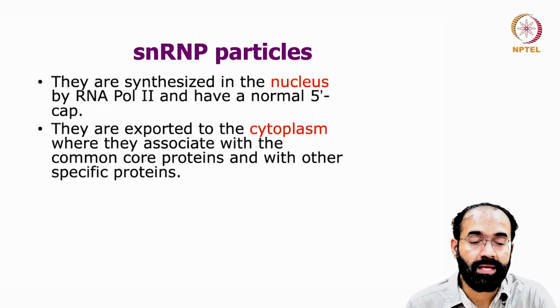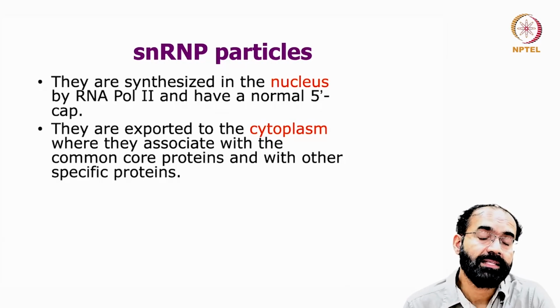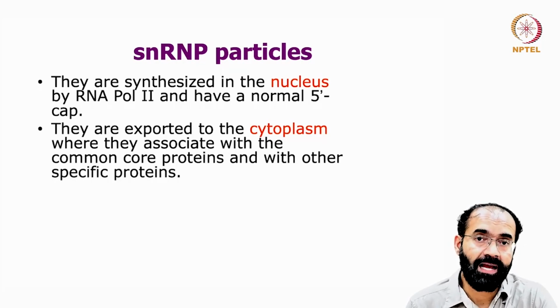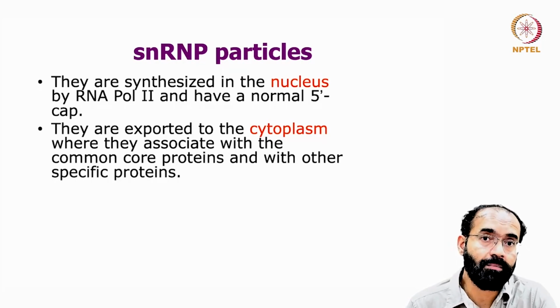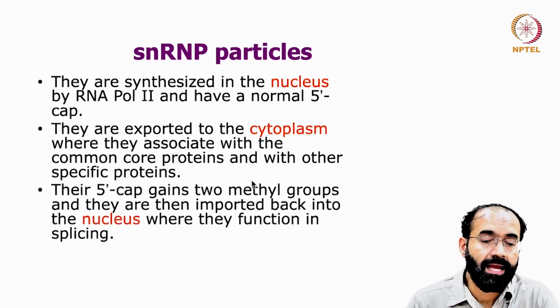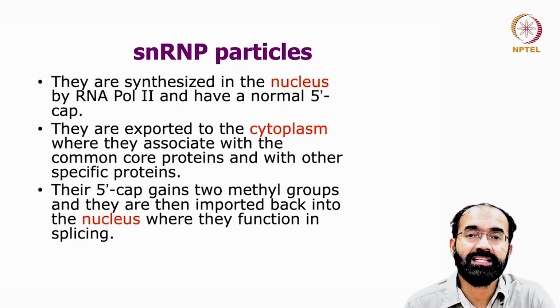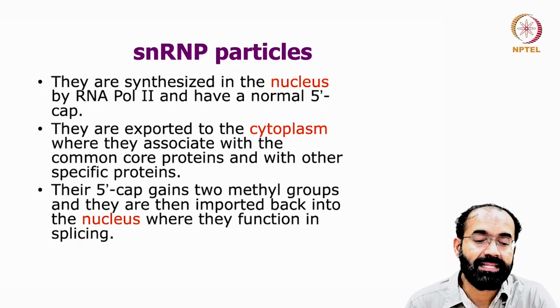This is not for mRNA, it is for snRNP, because they have to get exported to the cytoplasm where they mature and again come back to the nucleus, because their function is in the nucleus. And their 5' cap gains 2 more methyl groups. Initially they have got 1 methyl group, and they are then imported back to the nucleus where they function in the splicing.